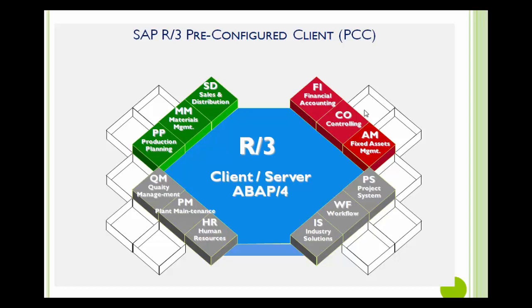All this comes in a PCC. These modules are called functional. This area, which we can talk about outside as the core client modules, they can map into the SAP side.